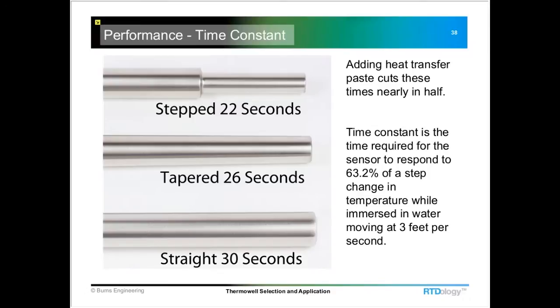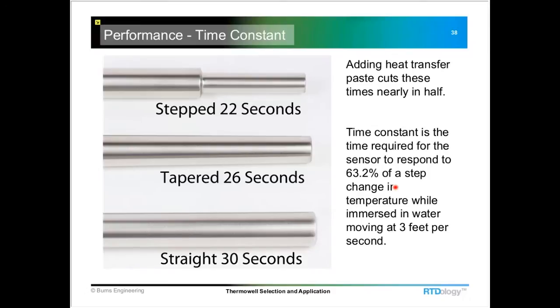So if we're taking that temperature sensor from 0 degrees C to 100, what we're saying is it's going to take 22 seconds for it to get up to 63.2 degrees C. And of course, the more metal we add around that temperature sensor with a tapered well, it's going to take a little bit longer, and then up to 30 seconds for the straight stem Thermowell.